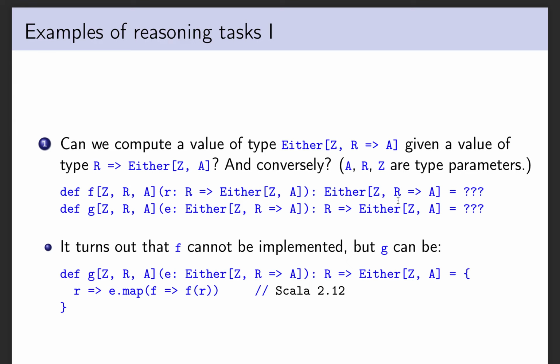So can you expand the error handling like this, so that the function that gives you an error becomes an errorful computation with a function inside, or not? Or can you do the other way around?